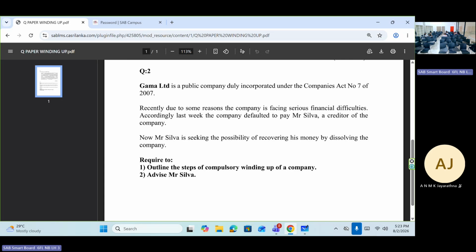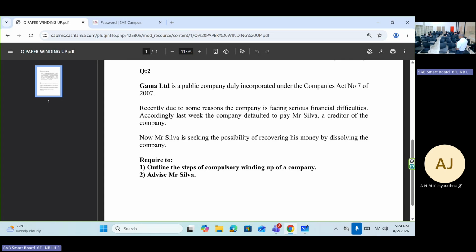What are the steps? Outline the steps of compulsory winding up of the company. Number 1, the first one is a petition along with evidence. Petition to be filed along with an affidavit.